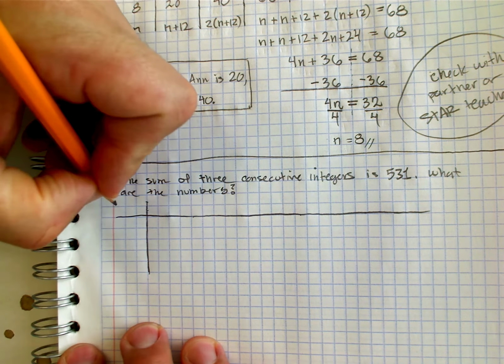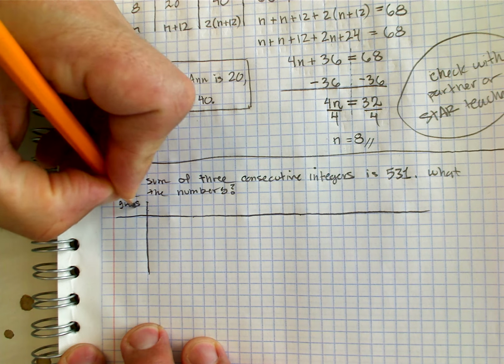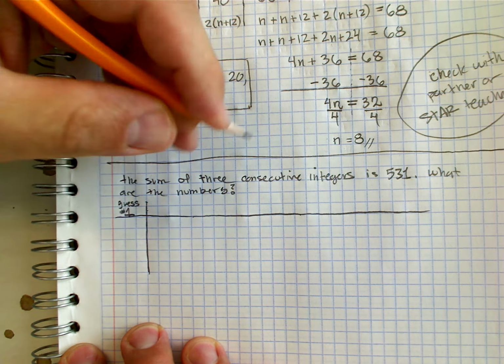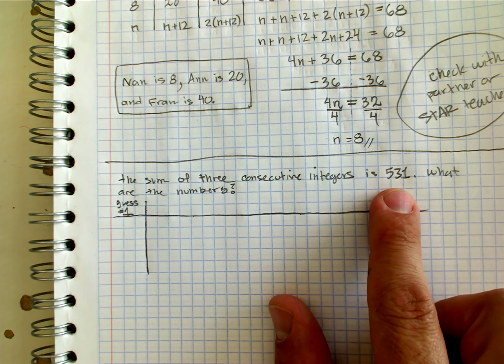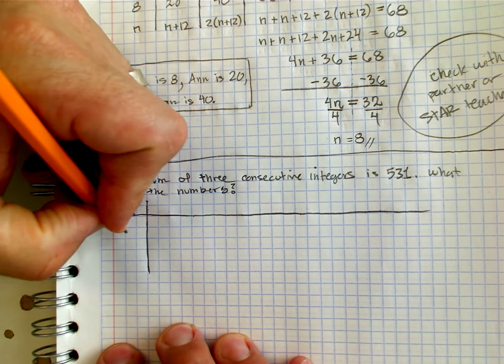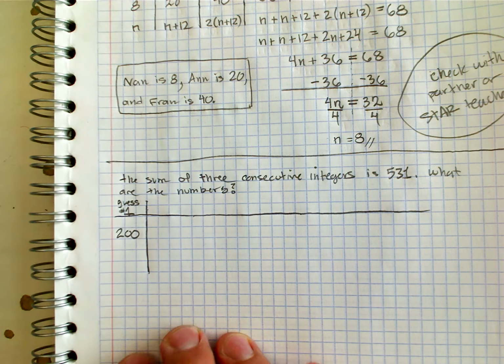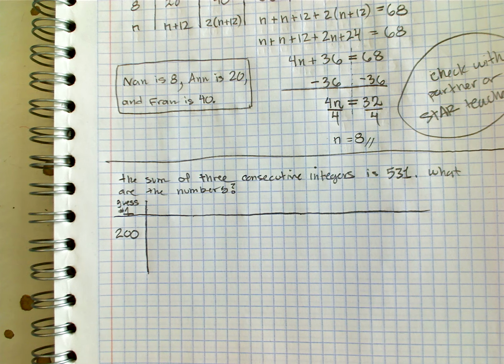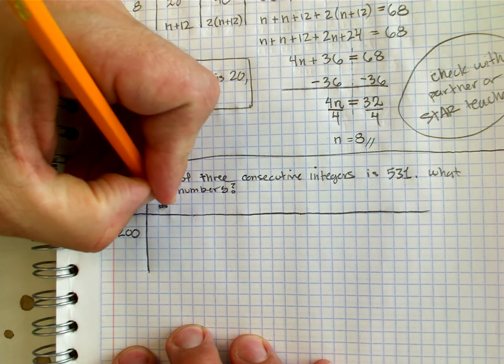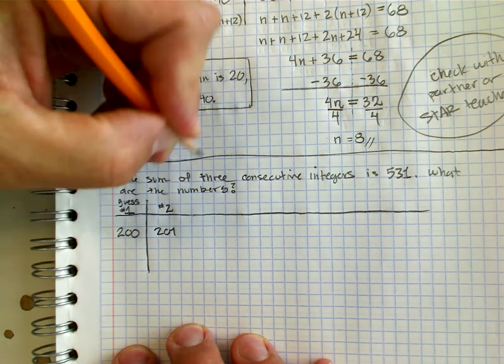So I'm going to guess number 1. Now, I know if you add 3 consecutive numbers and it adds up to something more than 500, I need something kind of big. So I might guess 200. And then you know what the next consecutive number is. It's 201.